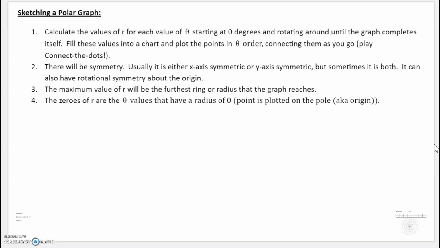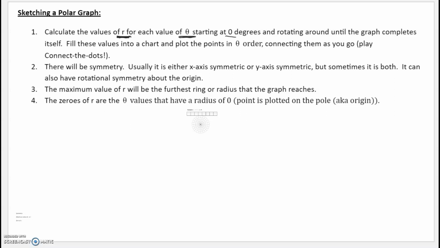The idea here is that we want to graph an equation on a polar grid. The first thing we're going to do is calculate the values of R. R is going to be the dependent value, and theta is going to be our given value.